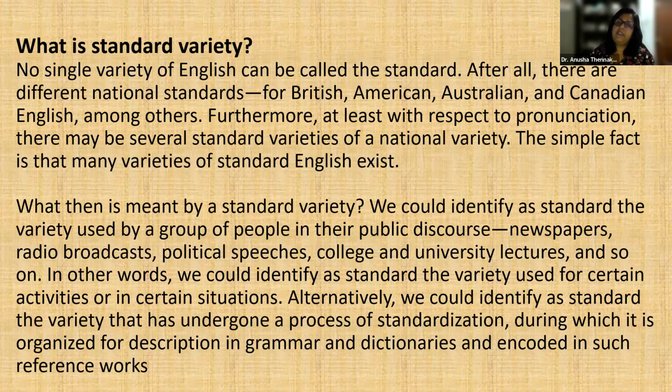Alternatively, we could identify as standard the variety that has undergone a process of standardization during which it is organized for description in grammar and dictionaries and encoded in such reference works. Okay, so standard language is with reference to dictionaries and reference books.